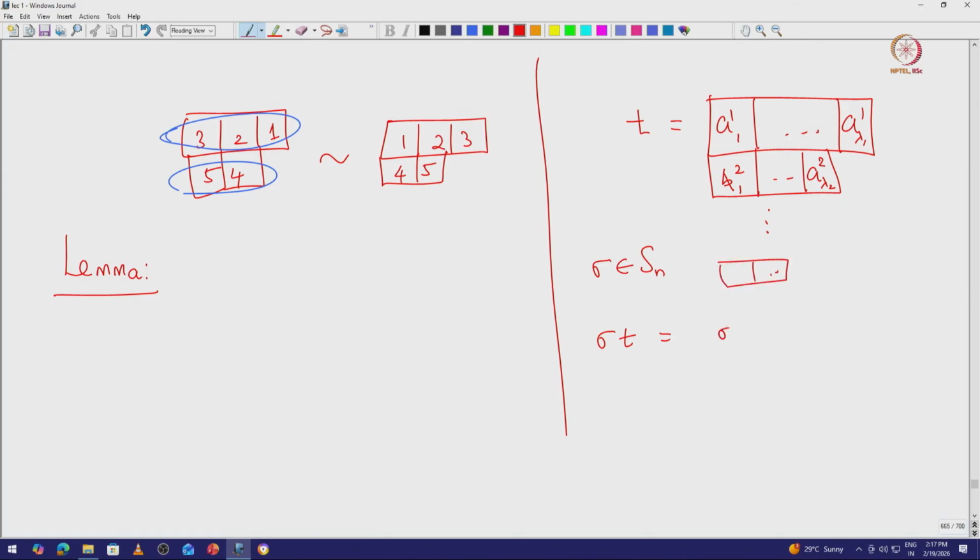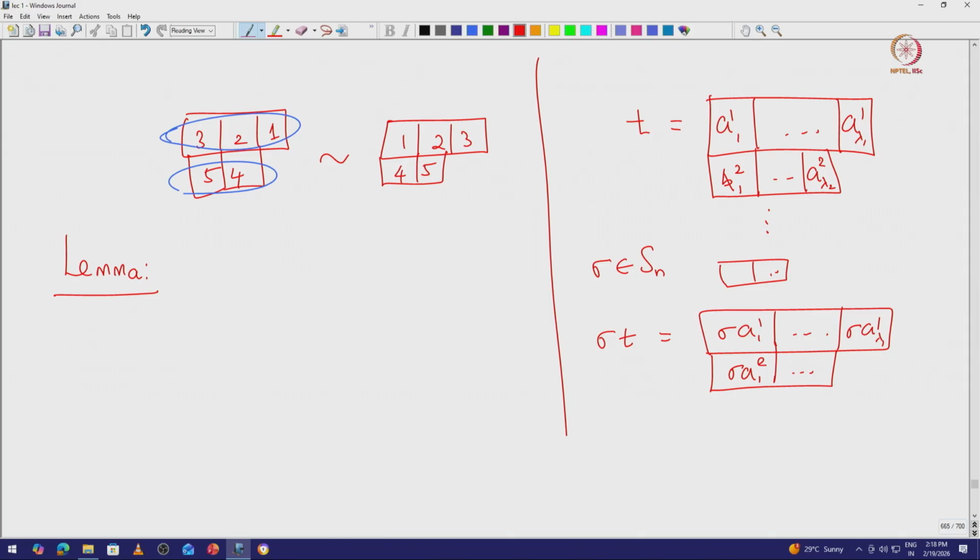That means you get sigma A11 and so on. So, sigma from Sn acts on T by permuting each entry of the given tableau T.